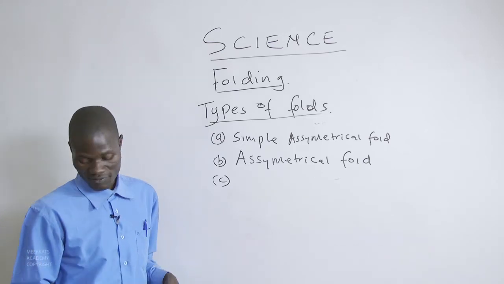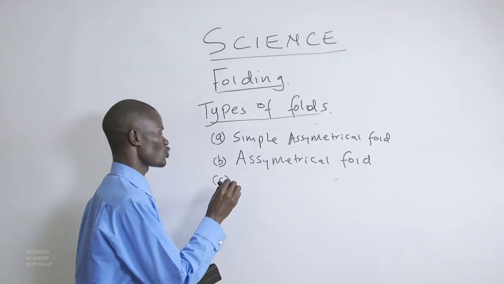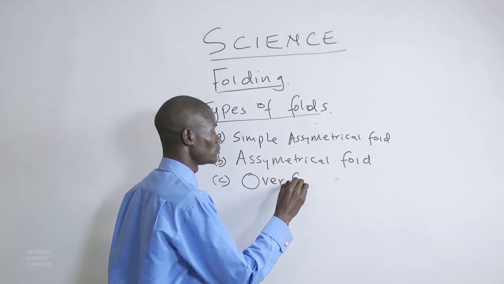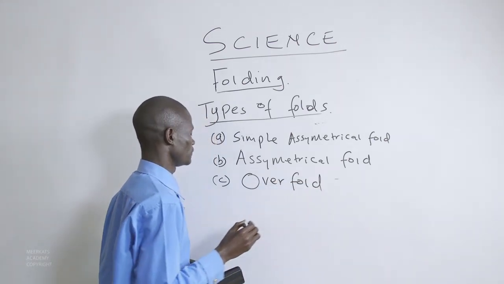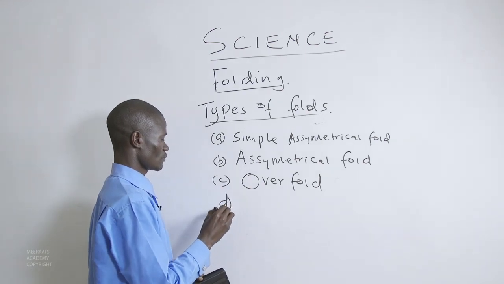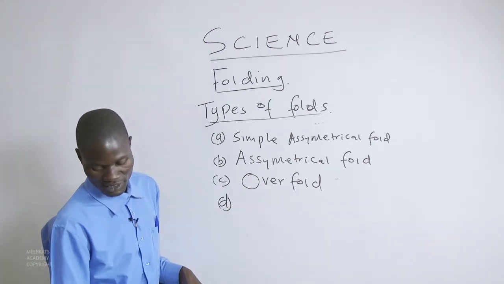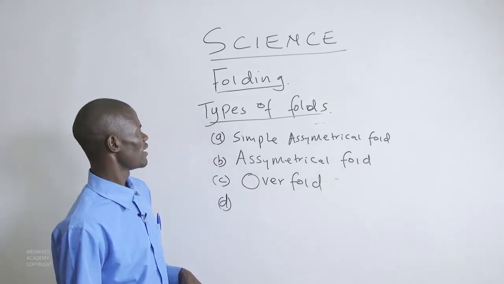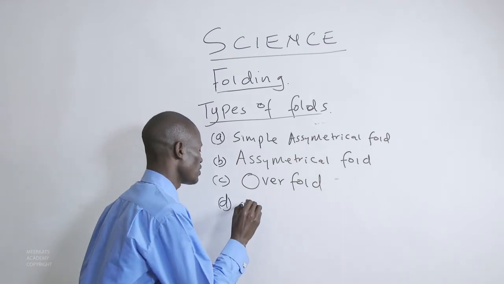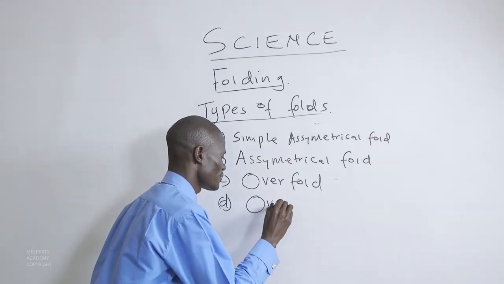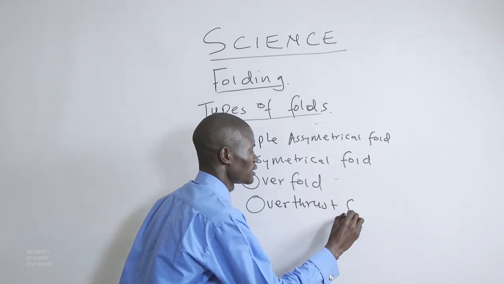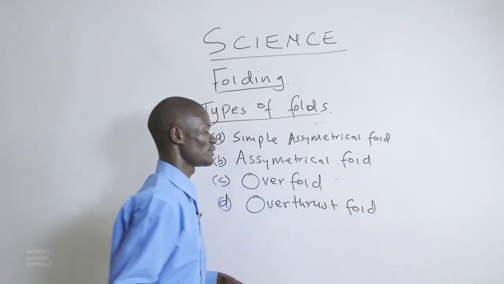We also have the third type that is referred to as the overfold. And then we also have the nappe or the overthrust folds.